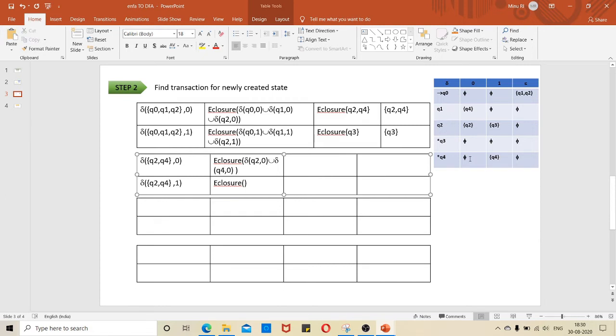Q2 and Q4 with respect to 0, it goes to Q2 only. So simply epsilon closure of Q2, Q4 which is Q2. So what is epsilon closure of Q2?